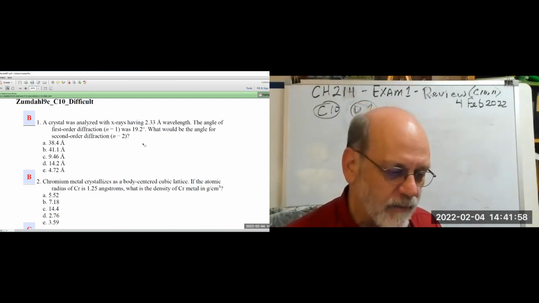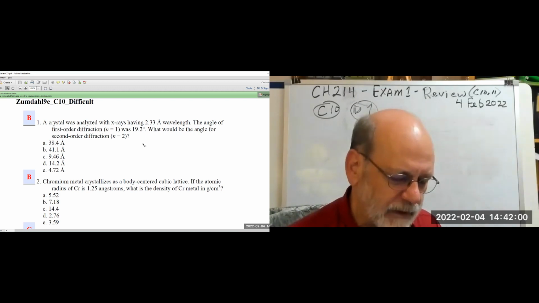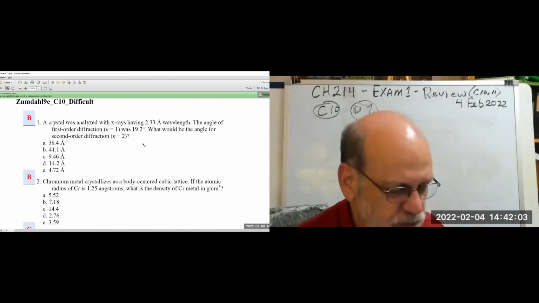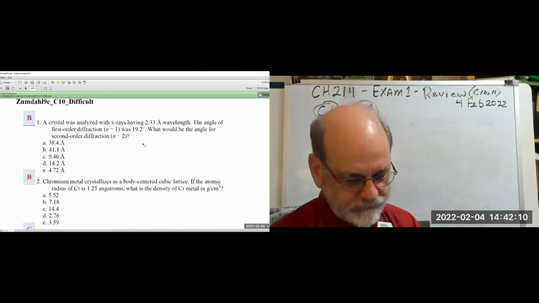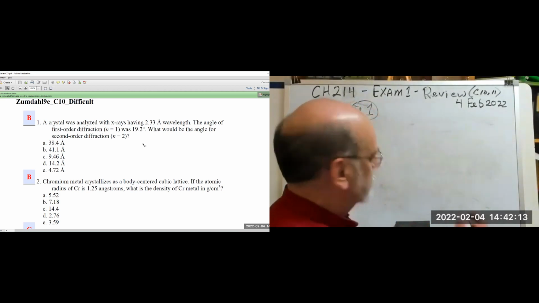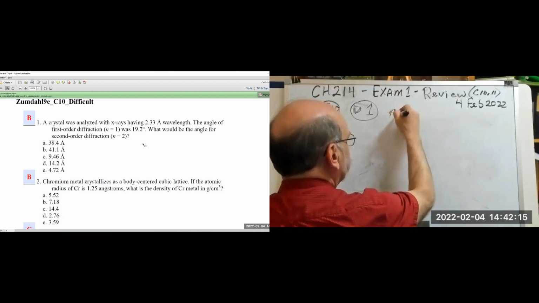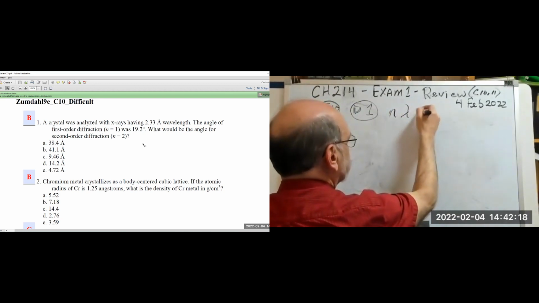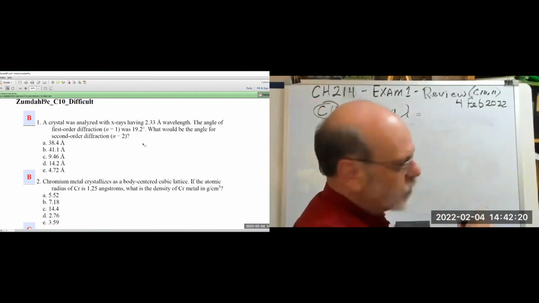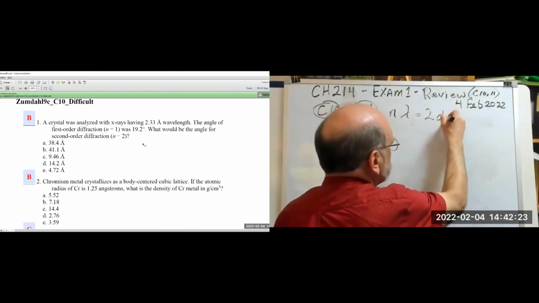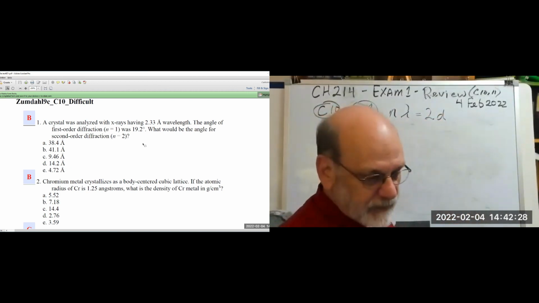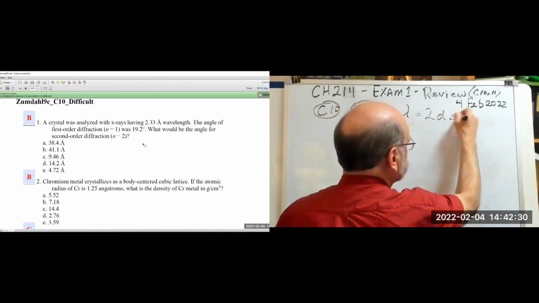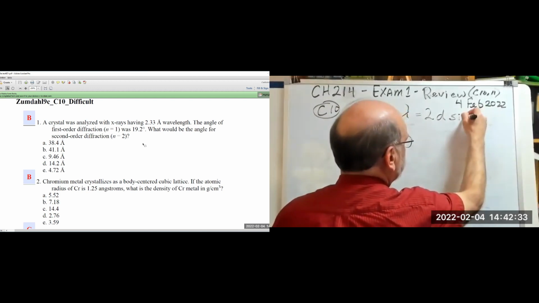This problem needs Bragg's equation. Bragg's equation is n times the wavelength equals 2 times the distance between the lattice layers times the sine of theta.